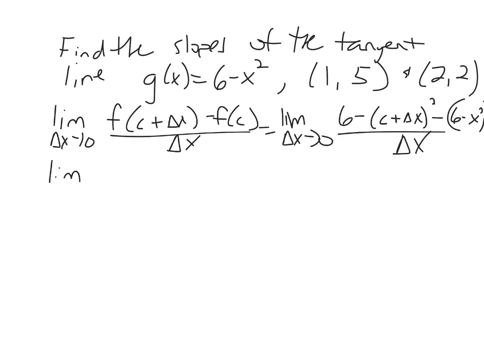Then when we go to the next part, I'm going to FOIL c plus change in x. So when I FOIL, it'll be c squared plus 2c change in x plus change in x squared.